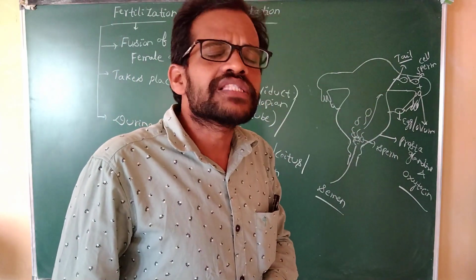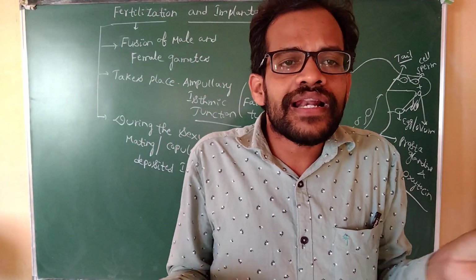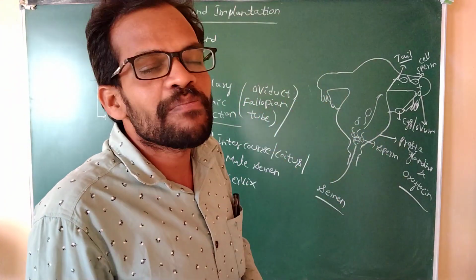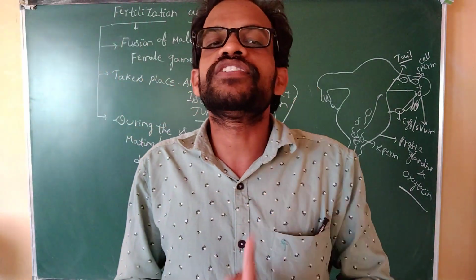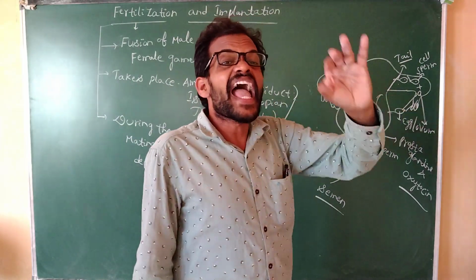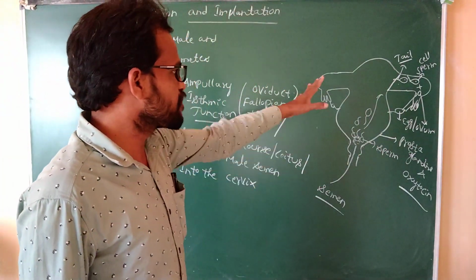Fusion of the ovum and the sperm cell takes place inside the fallopian tube, at the ampullary isthmic junction. It is a simultaneous process. If the egg does not reach the fallopian tube, there is no fertilization. Most failures of fertilization happen because they do not enter simultaneously. Once they enter, the fusion of the male and female gametes is known as fertilization. This takes place inside the female genital tract, in the ampullary isthmic junction, also known as the oviduct or fallopian tube.